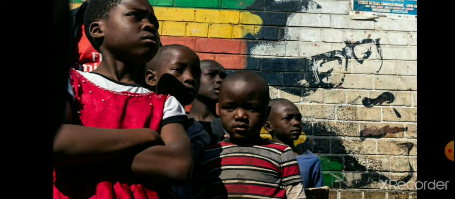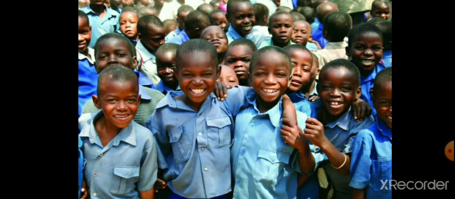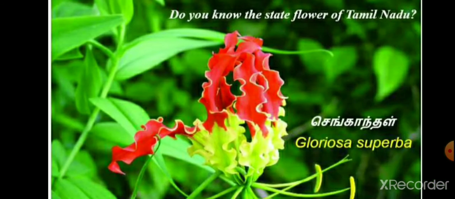In many festivals in Zimbabwe it is used as a symbolic flower. But in India it is very popular in the state of Tamil Nadu, where it is respected as the state flower. It is very important in Tamil Nadu.